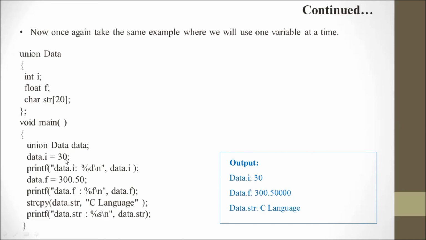So this will print the i value. So this will print one time, and once again we assign the float type value. This will print the float type. So each block will be manipulated. It means in the union we manipulate one value at a time.